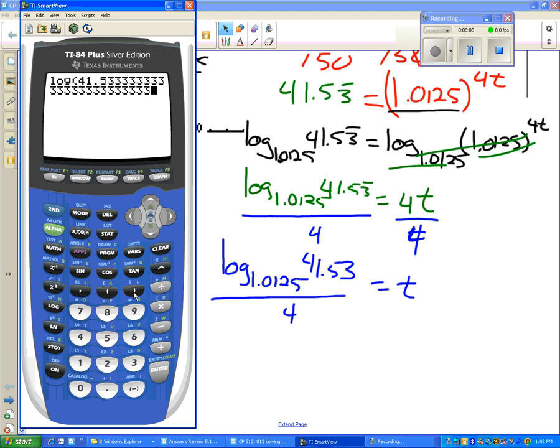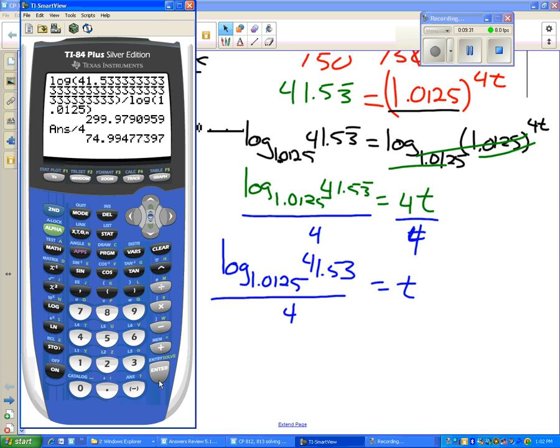And I'm going to close that parenthesis. Did I put too many parentheses? Oh, totally. But you get my point. Log of my argument divided by the log of my base, 1.0125. That's my numerator. And I want to divide that by 4.